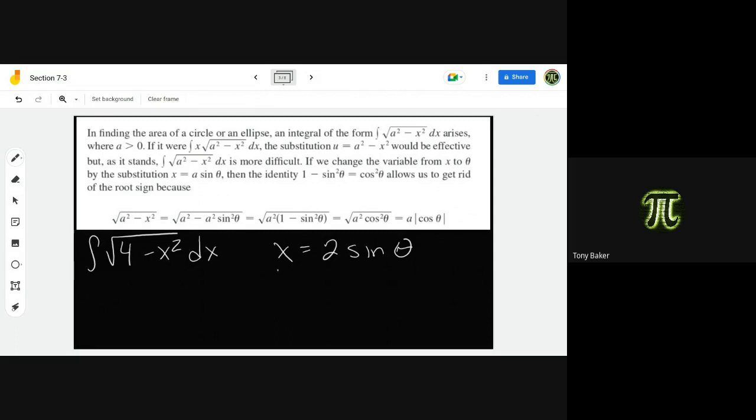What's dx? What's the derivative of cosine? Oh, sorry, sine. It's cosine. I had cosine already in my head. So it's 2 cosine theta d theta.